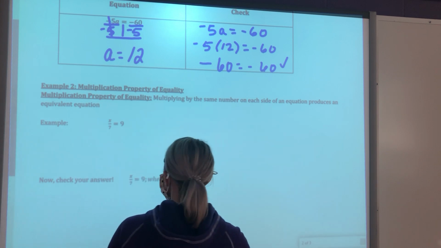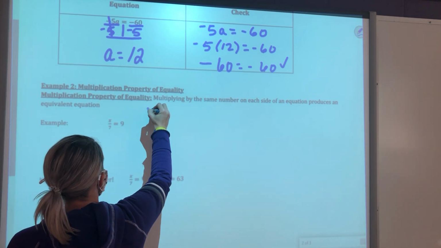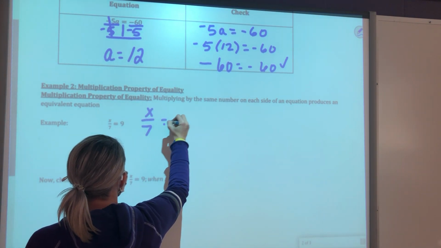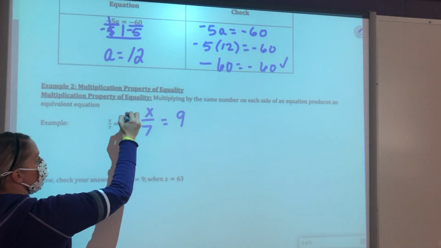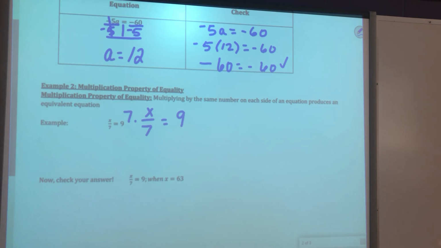So, if I take x divided by 7 equals 9, and I multiply this side by 7, so if I'm multiplying a fraction, how do I multiply a fraction and a whole number?